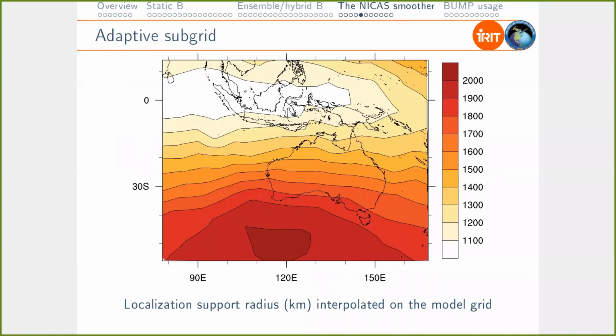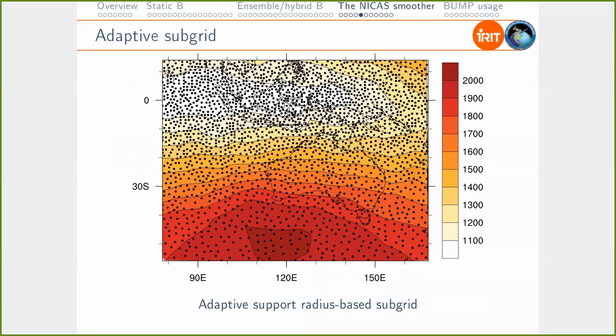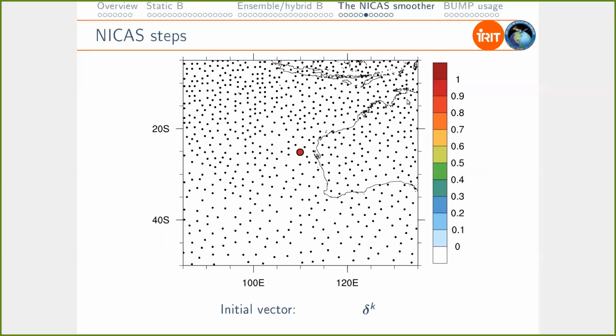Here is the localization support radius, for instance. We'll define a subgrid that is coarser in places where the length scale is larger, and with more points, for instance here over Indonesia in the north, where the length scale is smaller.